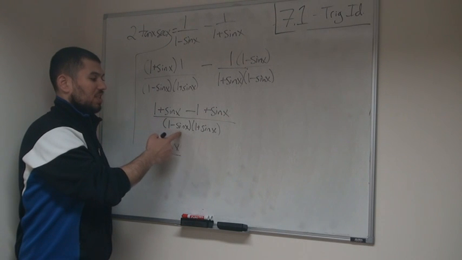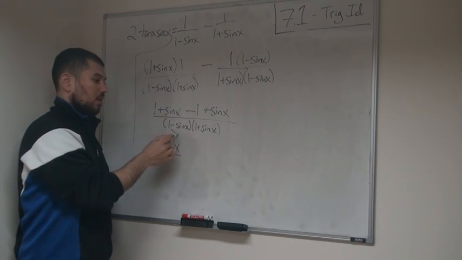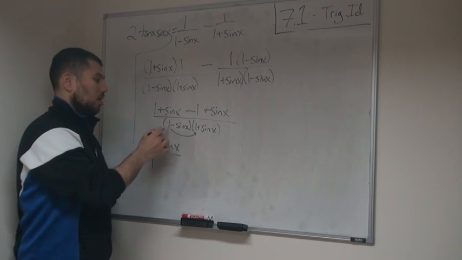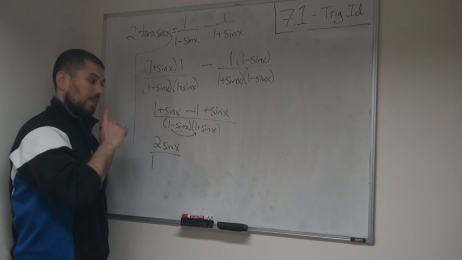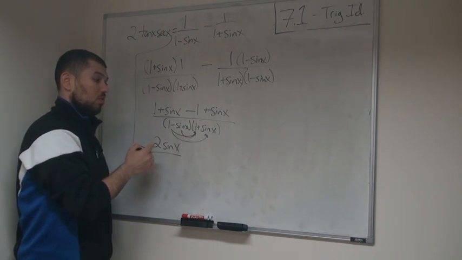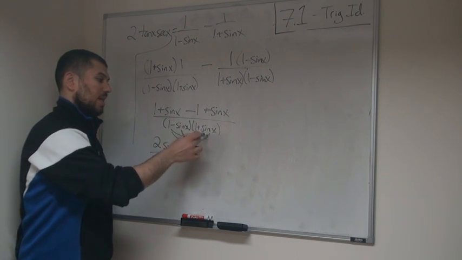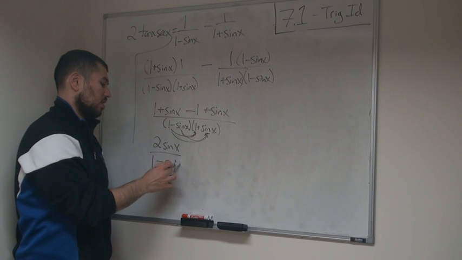You see, it looks like a factored form of a difference of perfect squares, and it is. 1 times 1 is 1. 1 times sine x is sine x. Negative sine x times 1 is minus sine x. So those two middle terms cancel. Minus sine x times a plus sine x is minus sine squared x.